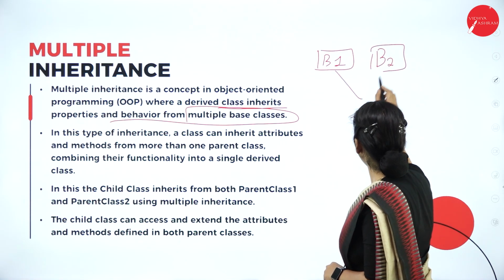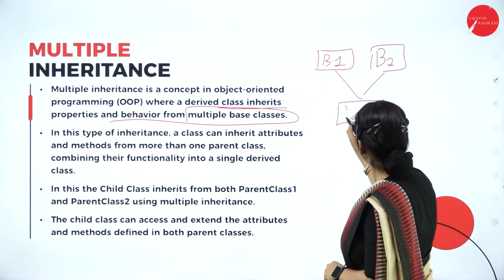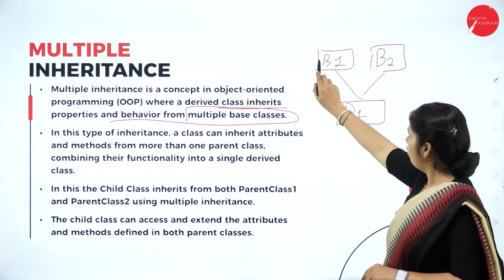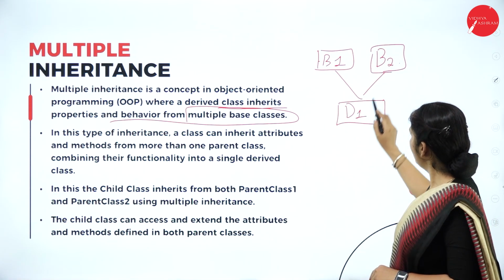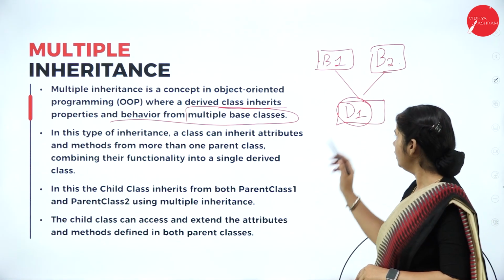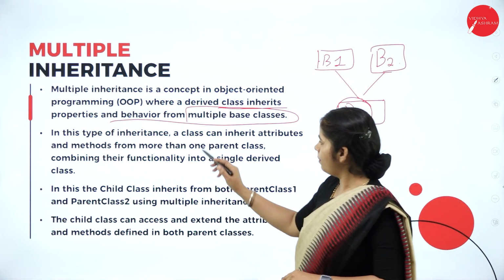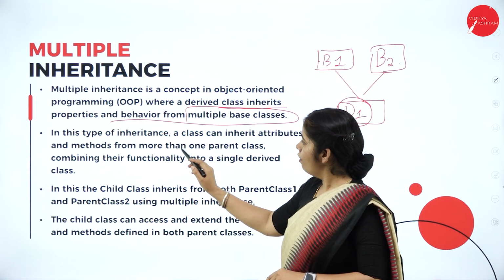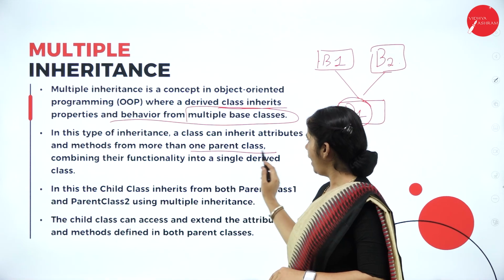Both the properties of B1 and B2 will be derived to derived class 1, or child class 1. In this type of inheritance, a class can inherit attributes or methods from more than one parent class.